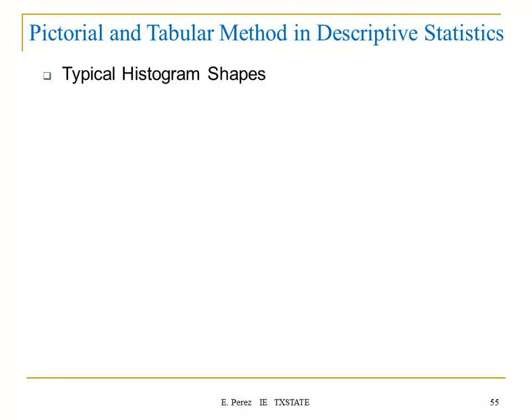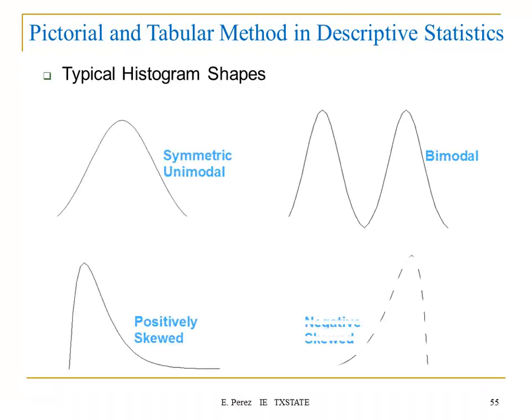Let me show you typical histogram shapes. Once you construct a histogram, you can try to draw a curve based on the histogram. There will be some shapes that are very common. For example, this one is symmetric. You can see the curve is the same.